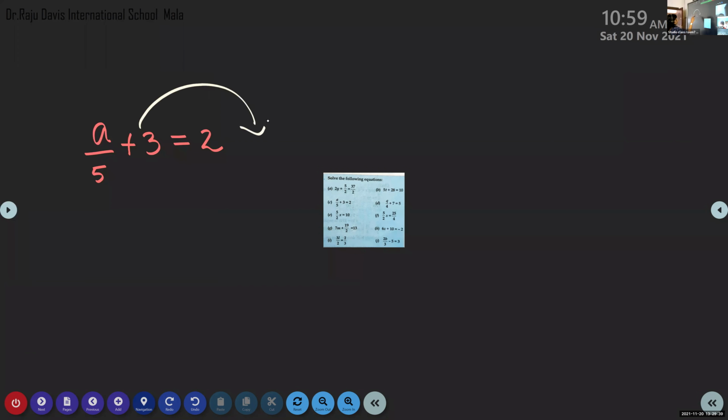So we transpose 3 and it becomes minus 3. What will we get? 2 minus 3. So a by 5 is equal to 2 minus 3. How much? Negative 1.